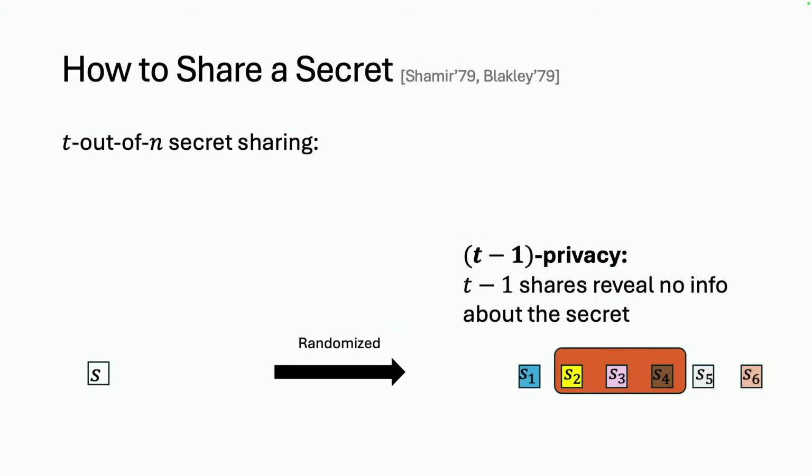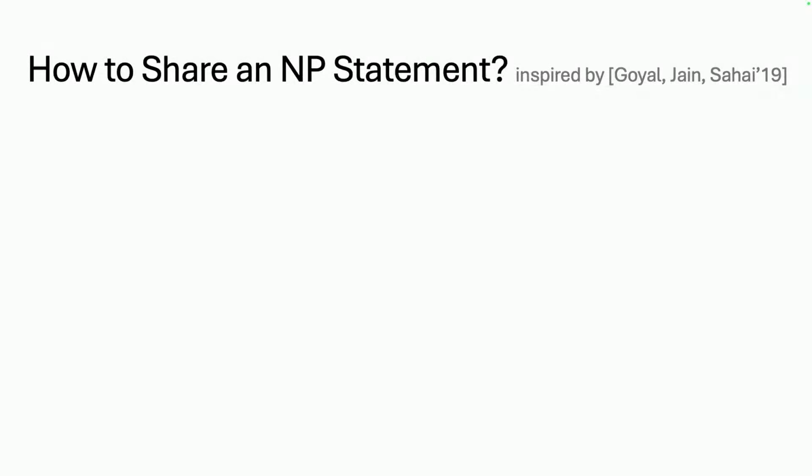Now I want to talk about what it means to share an NP statement. This notion goes back to this beautiful work of Goyal et al., although they use a different formulation than the one that I'm using, and this difference actually matters, but since I have only about 30 minutes, I'm not going to have time to talk about the differences. So let me start with a naive definition, and later we'll fix it and get what I think is the right definition.